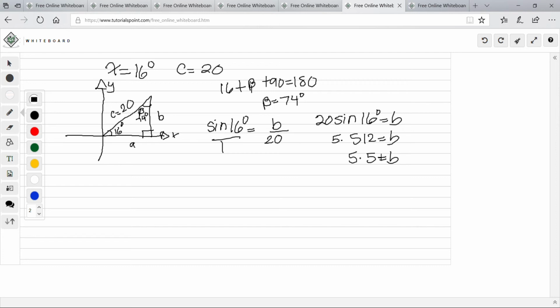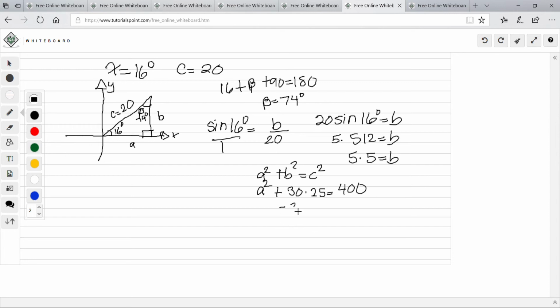Now let's find a. You can find a by doing the Pythagorean theorem. We know a squared plus b squared equals c squared. We don't know what a squared is, and we know what b is, so 5.5 squared is about 30.25. And then we know our c is 20, and 20 squared is 400.